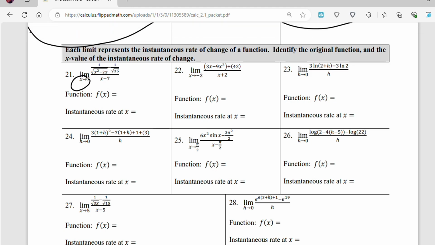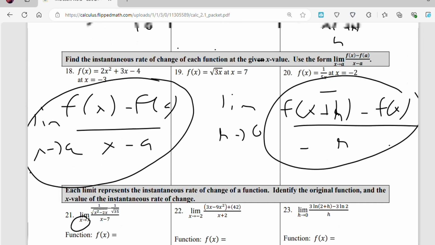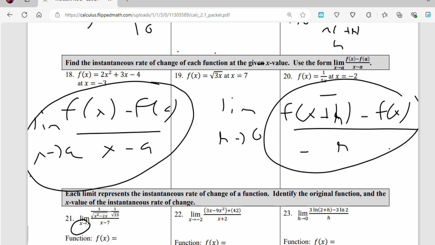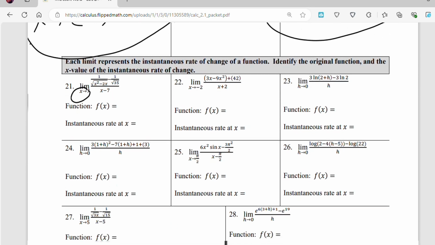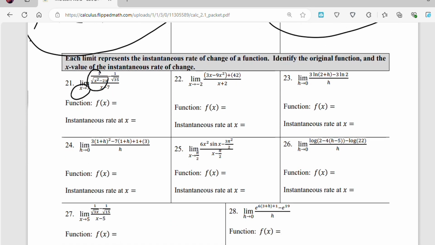Okay, x approaches 7. We know that this one on the left is going to be our form. So our first one right here should be our function f of x. So function f of x is 1 over square root of 2 minus x. That is very sloppy, I know. It is what it is. And then our instant rate is just what x approaches. So x approaches 7.